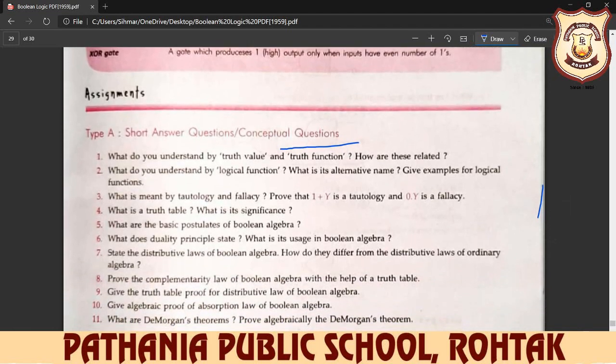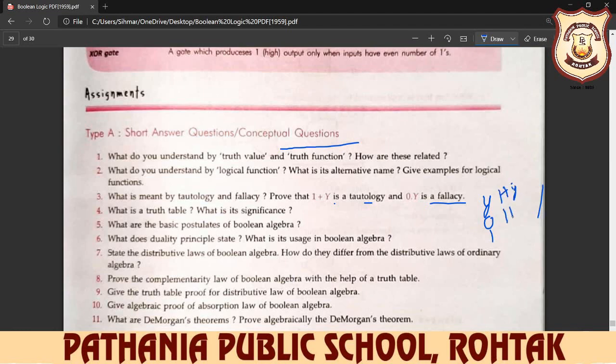Prove that a tautology and a fallacy. All the true values are called tautology and all the false values are called fallacy, and you prove it, no problem here. For example, y is your value, so your possible combinations are 0 and 1, and the question is 1 plus y.